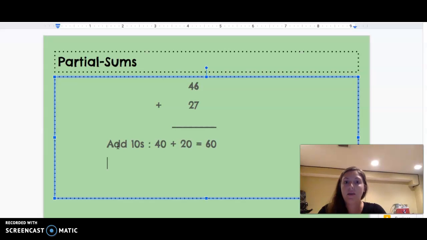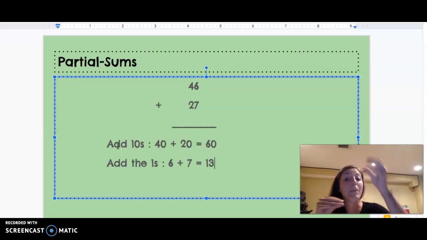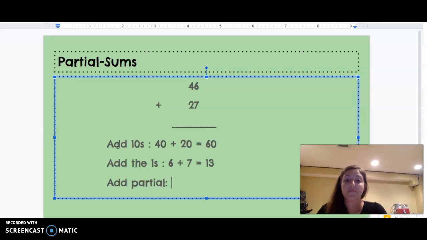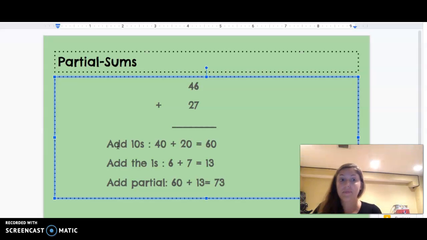And then I would add the ones, which would be 6 plus 7. And I know that 6 plus 7 is 13. So I have 60 and I have 13. Those are my partial sums. Now I'm going to add the final amount together. 60 plus 13 would give you my full answer of 73. This is one way we've learned how to add.